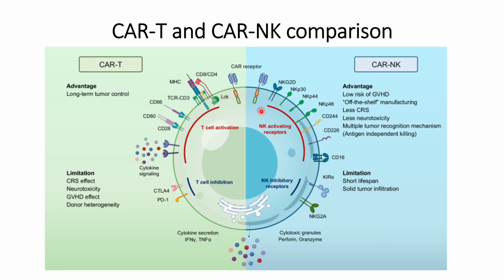Here also the CAR can be transduced, carrying specific anti-tumor antigen information. Contrary to the T cells, NK cells have the capability to release the cytotoxic granules perforin and granzyme that trigger apoptosis in the tumor cells. NK cells also have inhibitory receptors such as NKG2A or KIR.